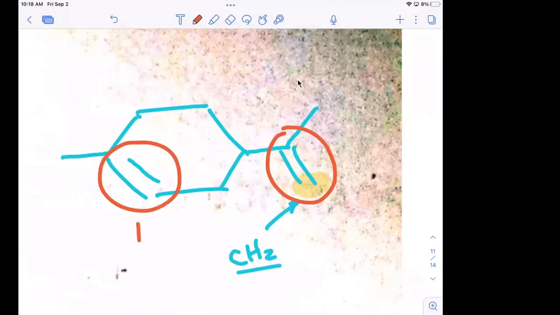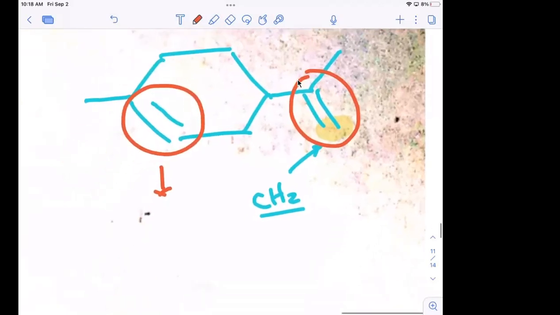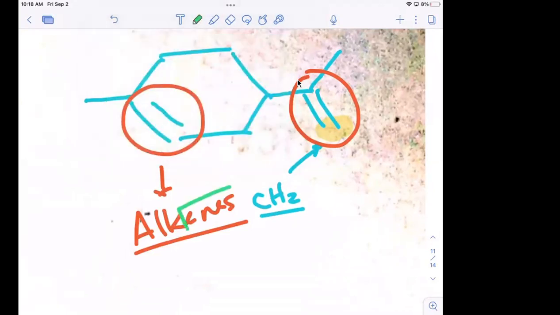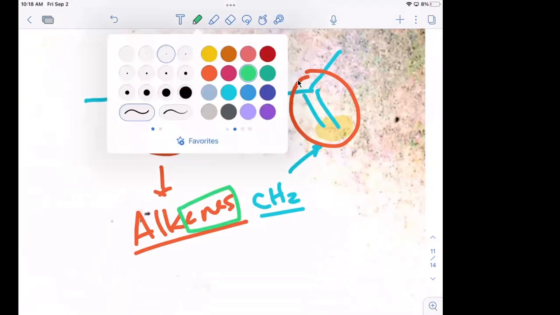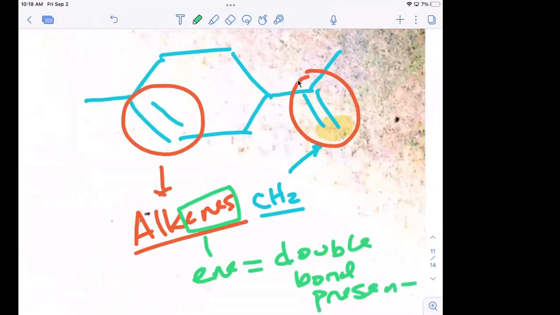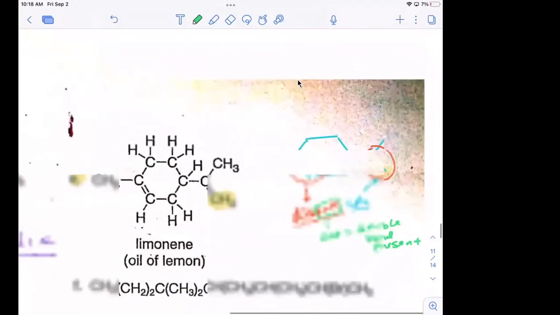When we have a compound with a double bond present, we call those alkenes. ALKENES. And the ene on the end tells me that there's a double bond present.